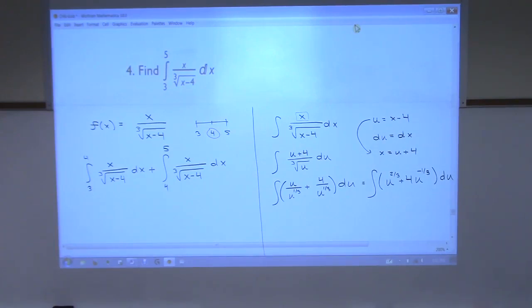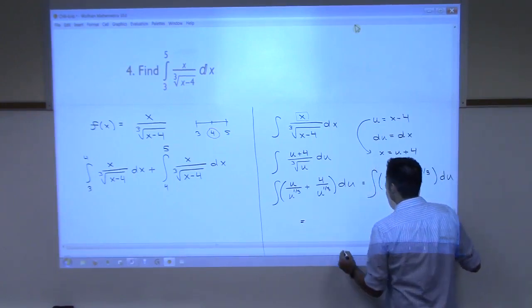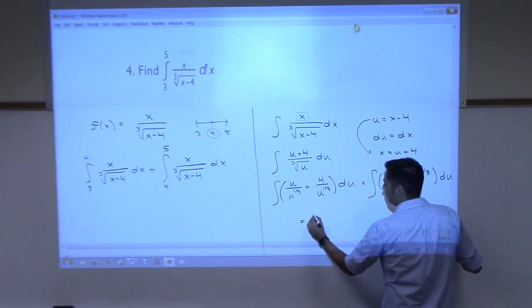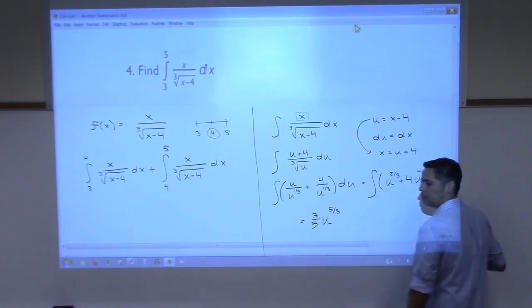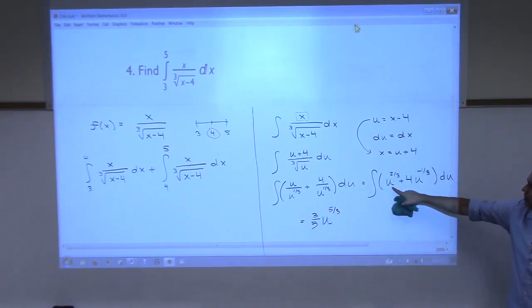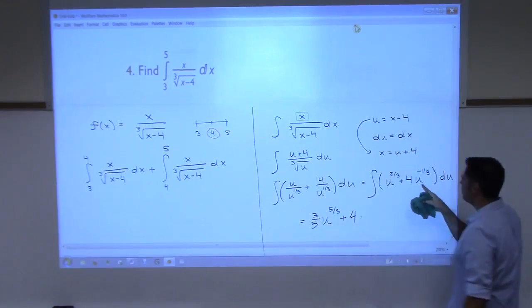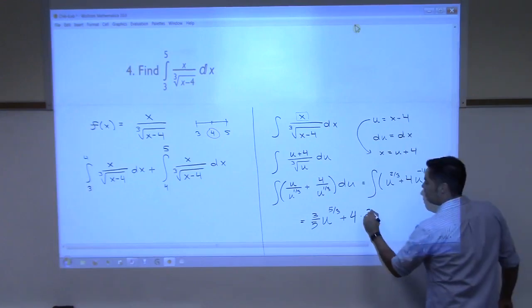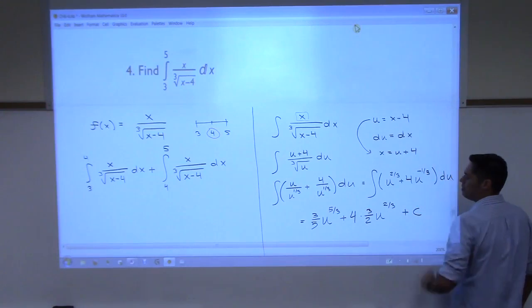Then at this point, power rule. So the antiderivative of u to the 2/3 is 3/5 u to the 5/3. That's the antiderivative of this. Let me just bring the 4 along for the ride here. But the antiderivative of u to the negative 1/3: you add 1 to that, you get 2/3, so 3/2 u to the 2/3 plus some constant.